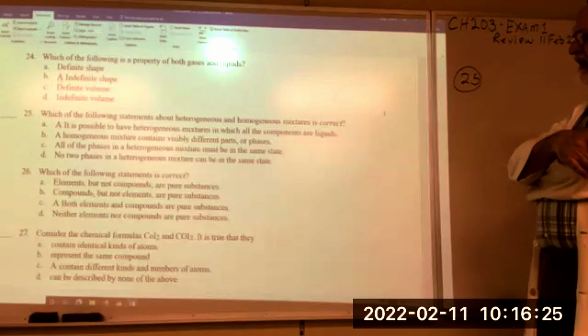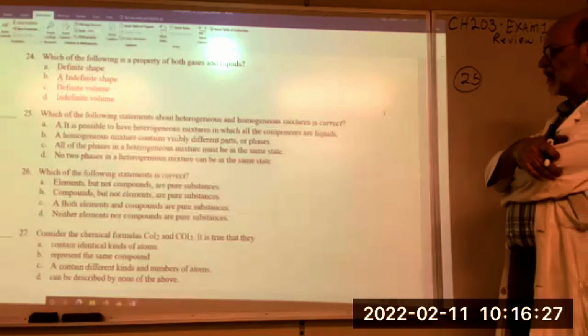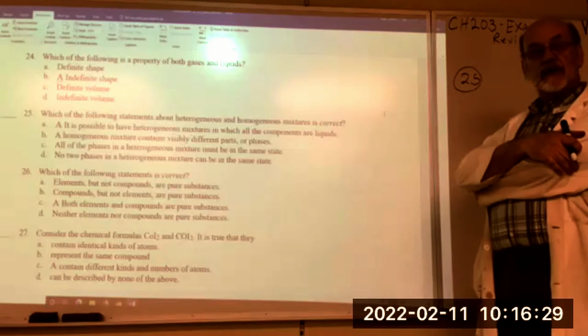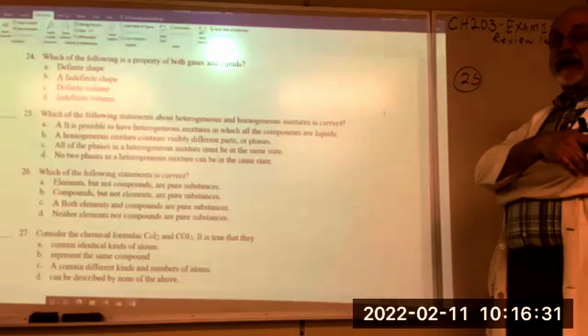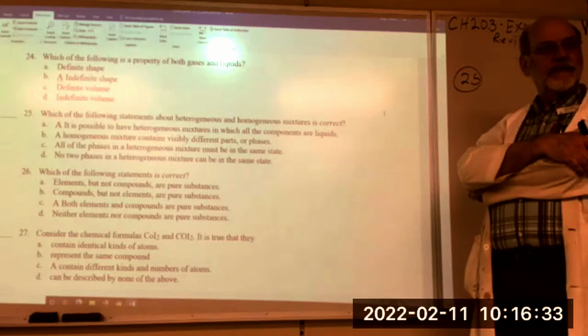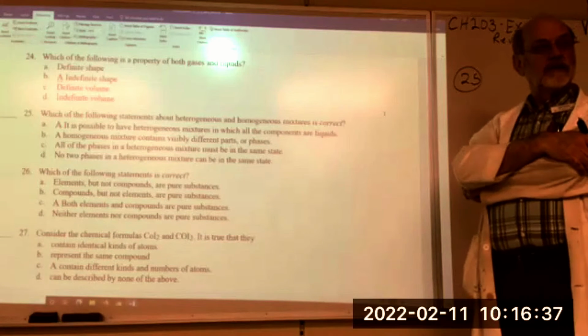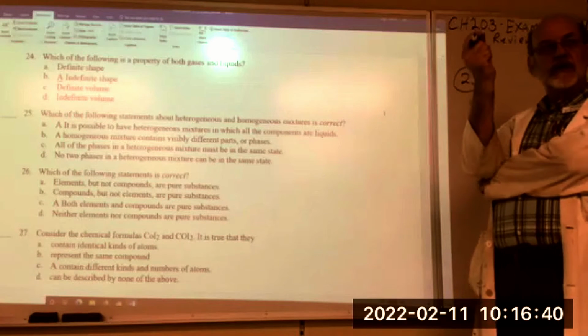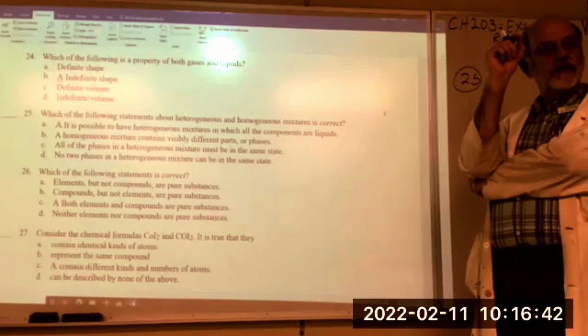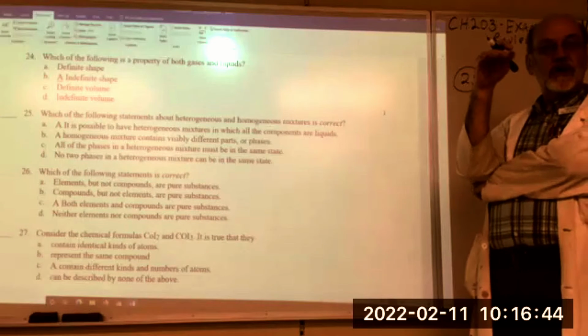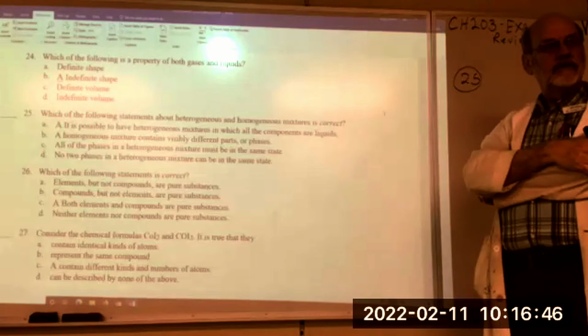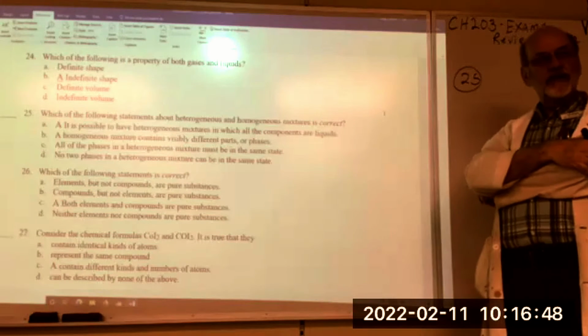"C, all of the phases in a heterogeneous mixture must be in the same state." Well, no, heterogeneous mixtures can be any combination. A fog would be condensed water droplets suspended temporarily in air, gas and liquid, but they're not uniform.